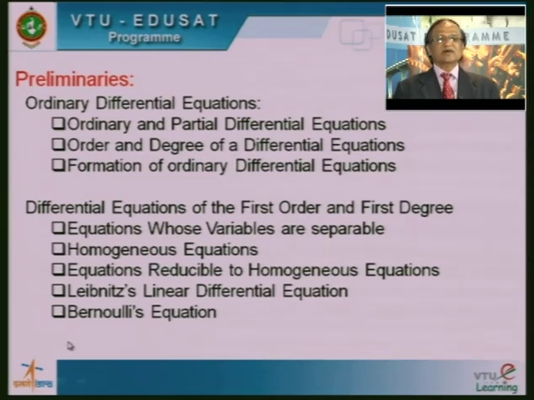So, initially when we observe the Bernoulli equation, it may not be in the form dy by dx plus py is equal to q, but we can make it dy by dx plus py is equal to q. That is why we call it a Bernoulli equation, or sometimes we call it reducible to linear form. Okay. So, we have already discussed all these types of differential equation.